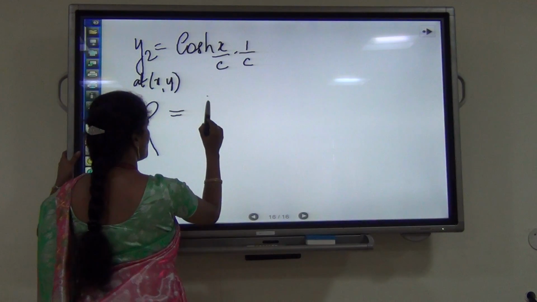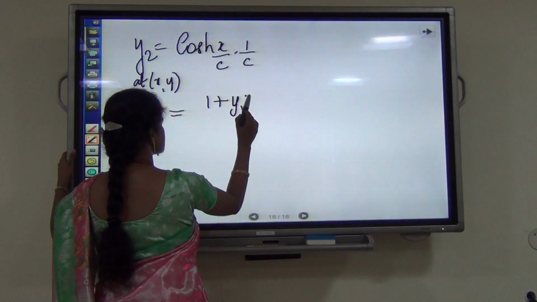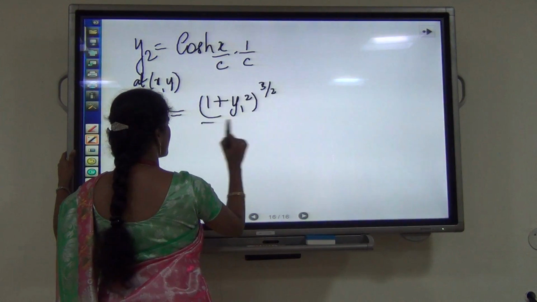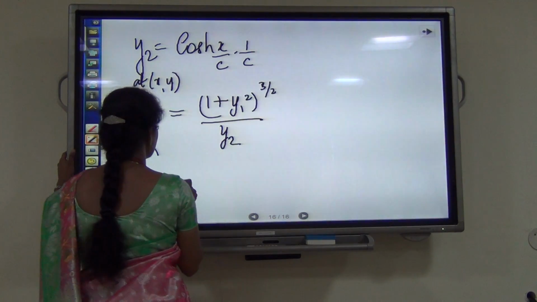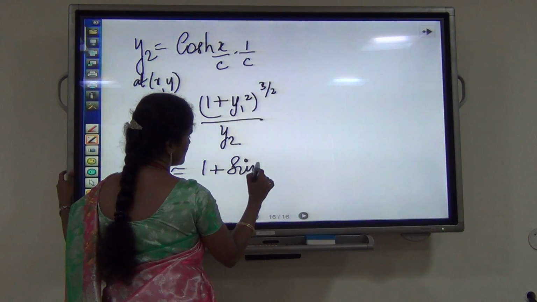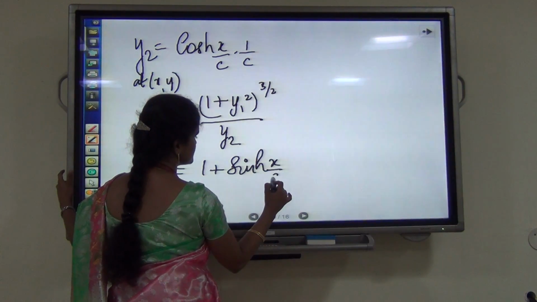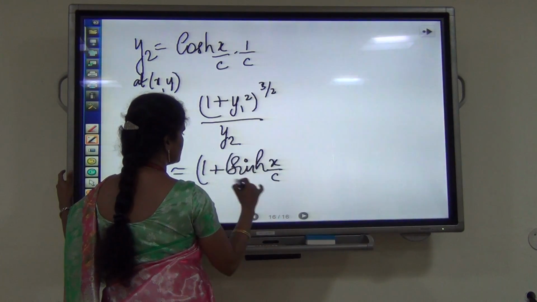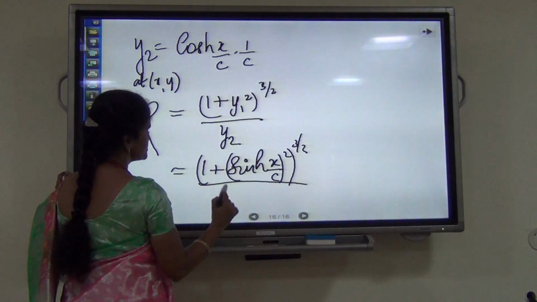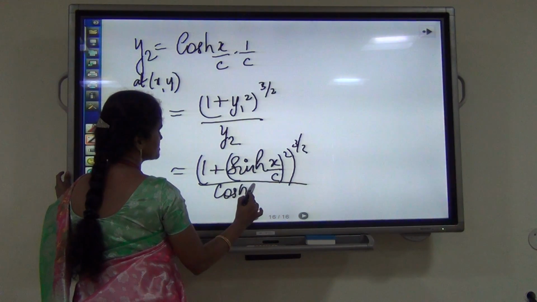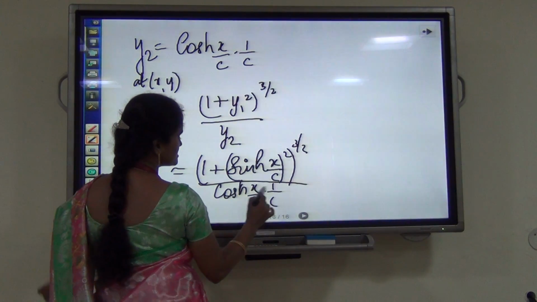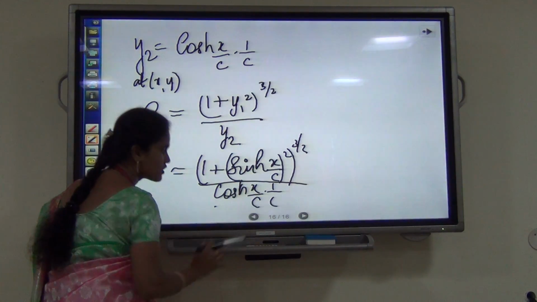Rho is equal to (1 plus y1 squared) to the power 3 by 2 by y2, where this is 1 plus, what is y1? sinh(x/c) whole squared, to the power 3 by 2, by y2, which is cosh(x/c) into 1 by c. You should not multiply with this. It is separate. It is the angle and it is a constant.